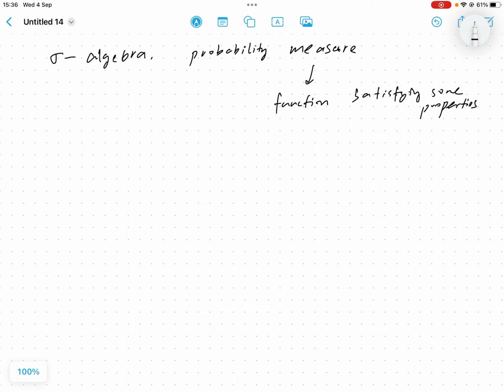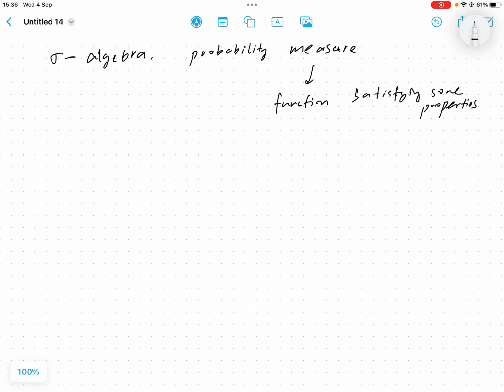So probability measure, from the name, we can know that this is something that we use to measure the probabilities, right? So it's a function to measure the probabilities. We will put some requirements on this function to let it have some properties so that we can measure the probabilities. That's the idea of a probability measure.